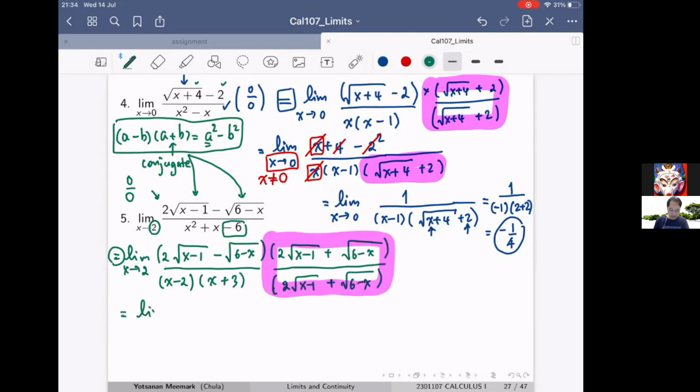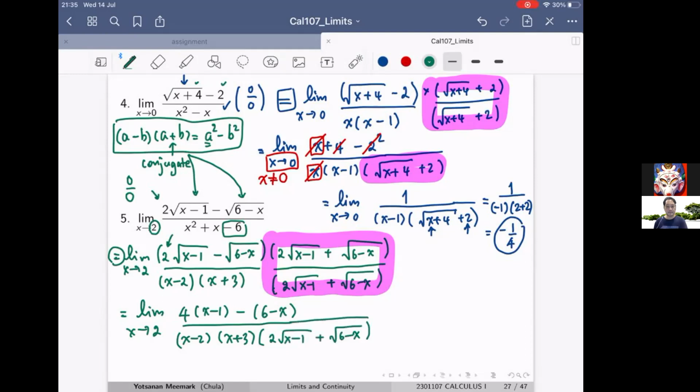So what happened to your top? It will be the a squared. Don't forget that you have 2 here. So you have 4x minus 1 subtracted by the b squared, which is 6 minus x, over x minus 2, x plus 3. And as I told you, don't forget this extra term that you need to carry on.